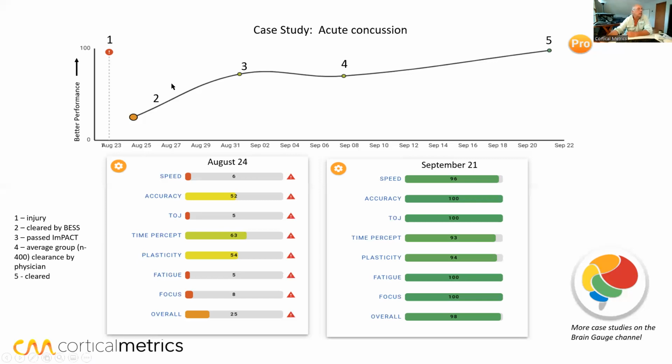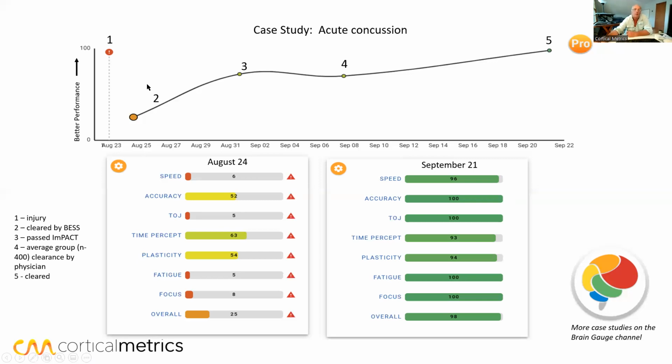Let's look at day 2. Oh, look at this. Number 2, cleared by balance testing. Balance testing is really, really good for testing balance, but for testing brain function, it really stinks. That's been my experience looking at a lot of data. And this was generous. We were being very generous to say that this is where they were cleared by balance testing.